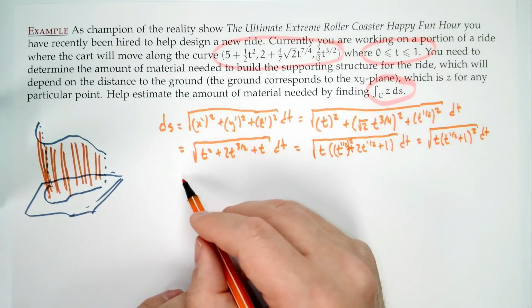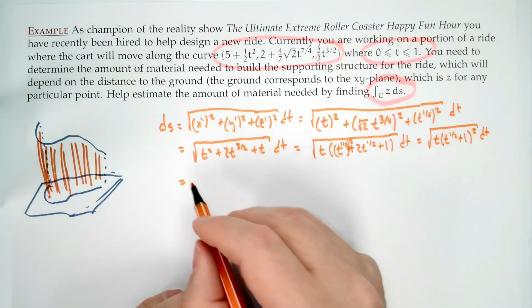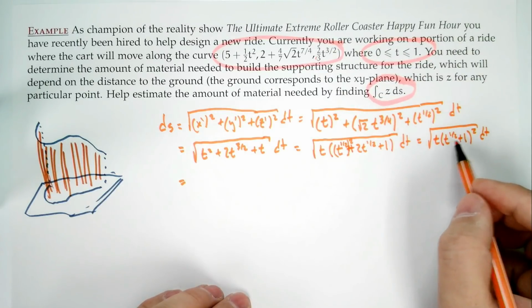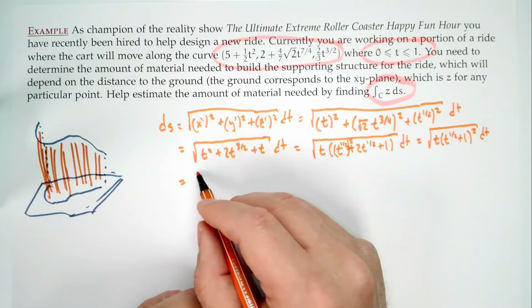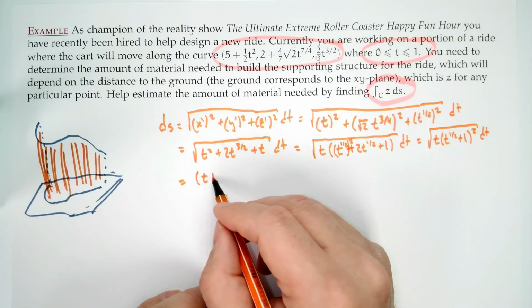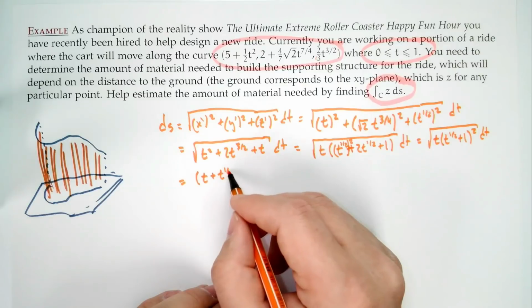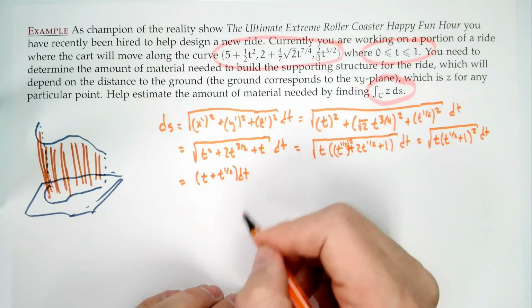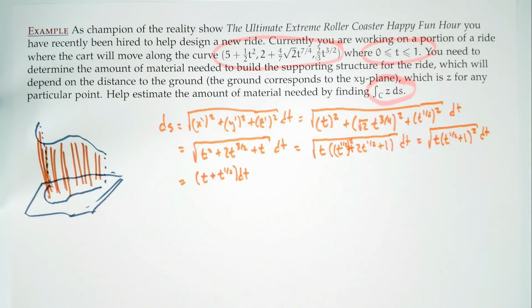So we're almost there. The square root of t is t to the 1/2 times t to the 1/2 plus 1. So if you clean it up, you're going to end up with t plus t to the 1/2 dt. All right. Well, that's great. That means our ds is very clean, very simple. Now we're ready to talk about the integral along the curve.